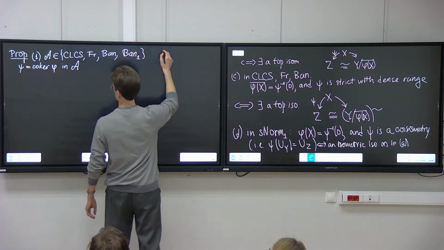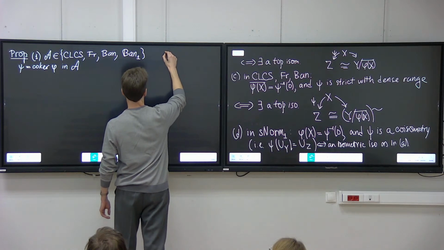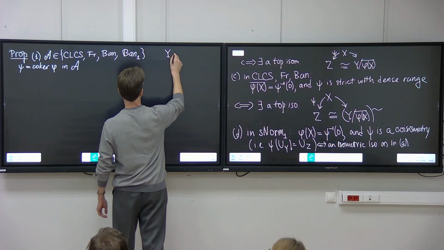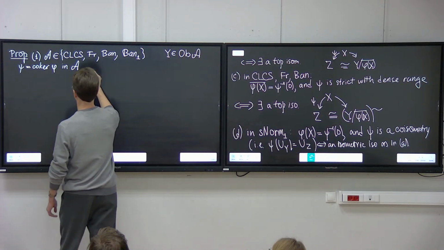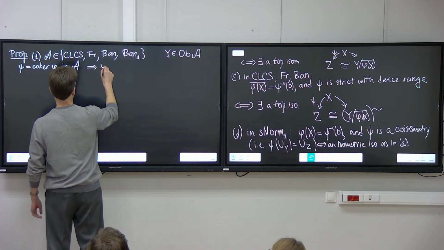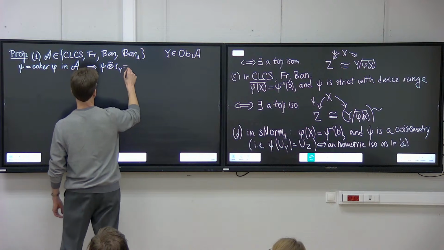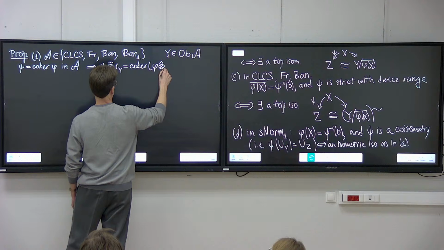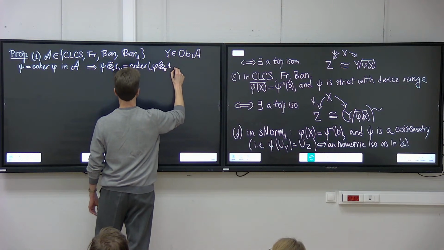And suppose that, say, Y is an object in our category. Then the tensor product of psi and the identity map of Y is the co-kernel of phi tensor 1 in our category.